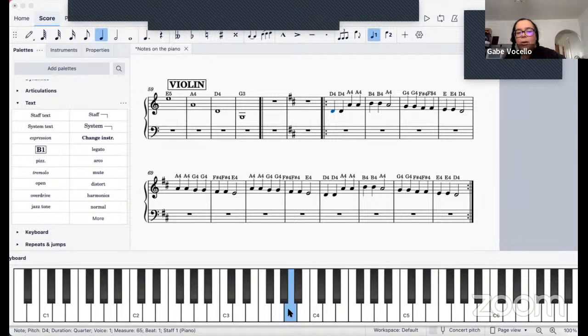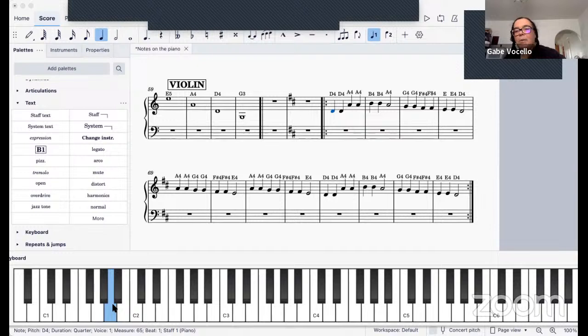Because it could be here, under the C3. If I don't give the octave, it could be like that. Could be like that because I'm not giving any octave.